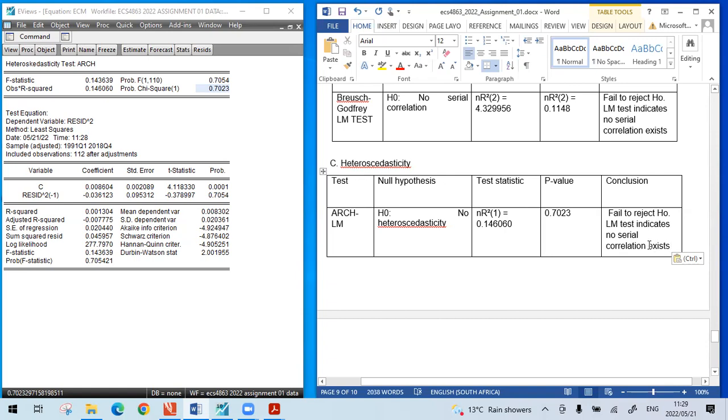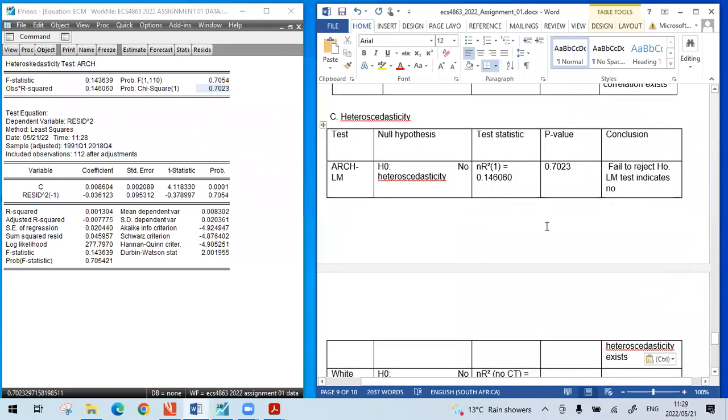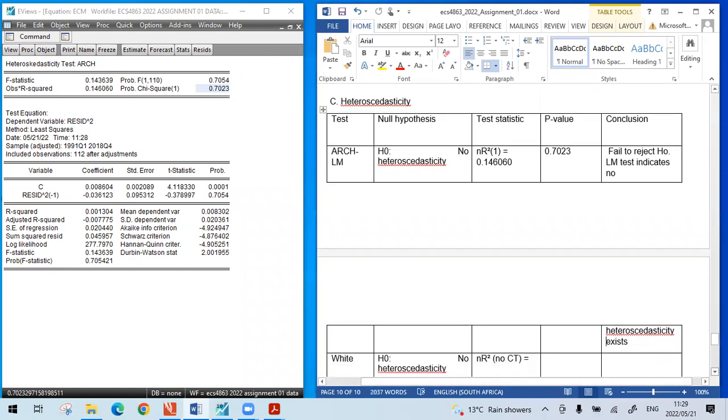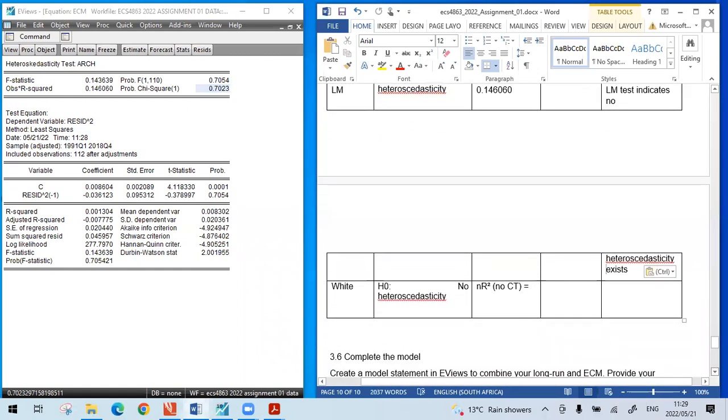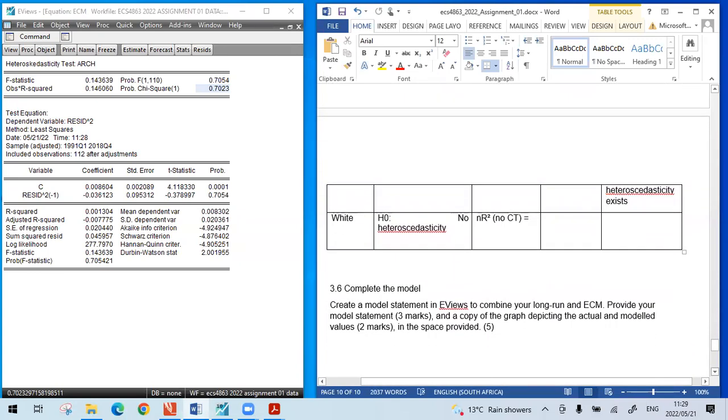There is no heteroscedasticity. So if there's no heteroscedasticity, it means there is homoscedasticity, right? It means there's homoscedasticity. It's fine.